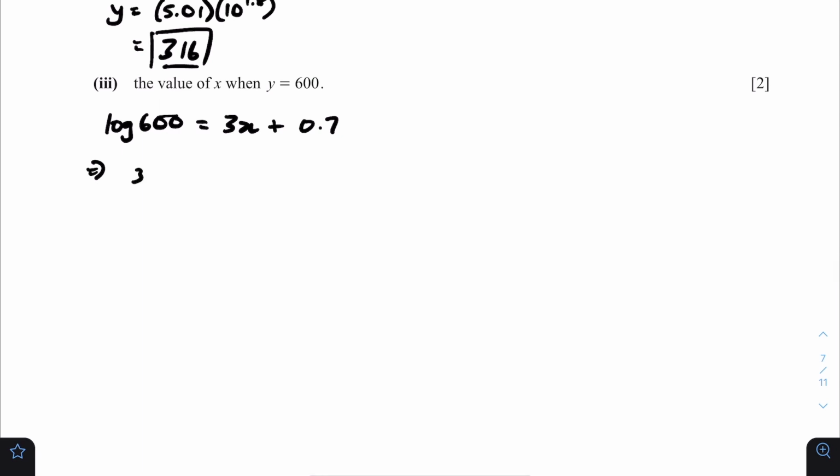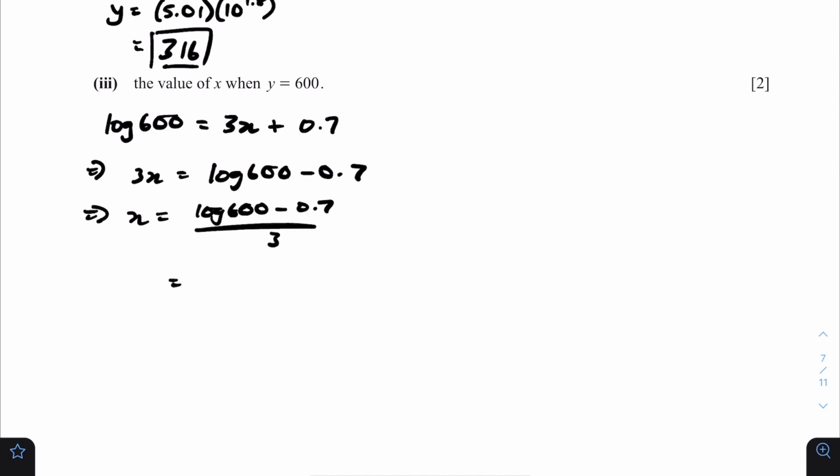So we know that 3x is equal to log 600 minus 0.7, and therefore x is equal to log 600 minus 0.7, over 3. So let's just put this into our calculator.